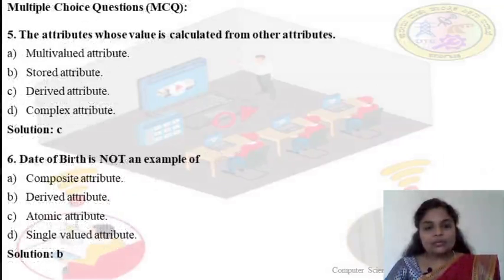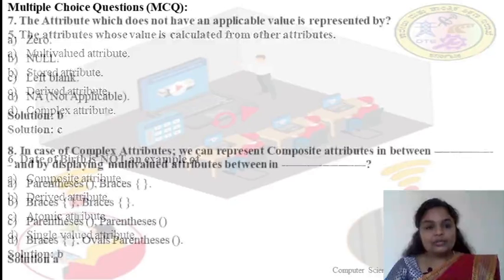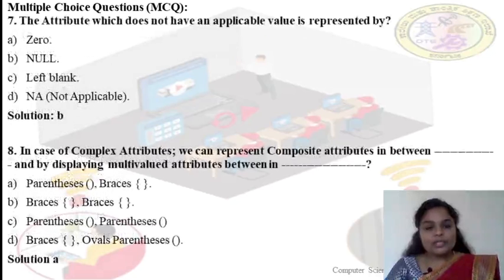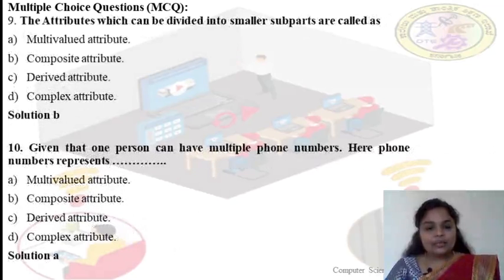Pause the video, analyze the question, look at the options. If you get any doubt, please go back to the previous slides where I have explained everything individually. And if you have any queries, please go through the notes once. It will be very easy.